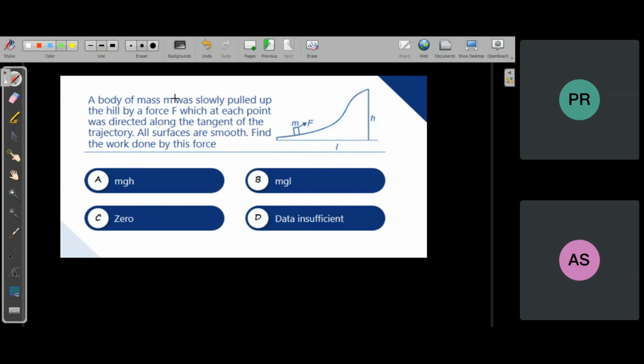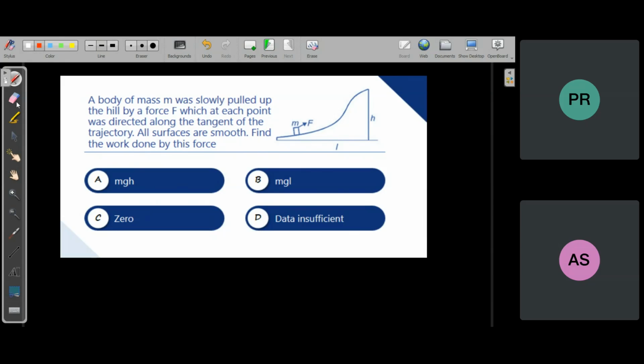Force dot displacement, we cannot consider only mg. Corresponding to every force there is a quantification. Sir, here the normal reaction will also be present.